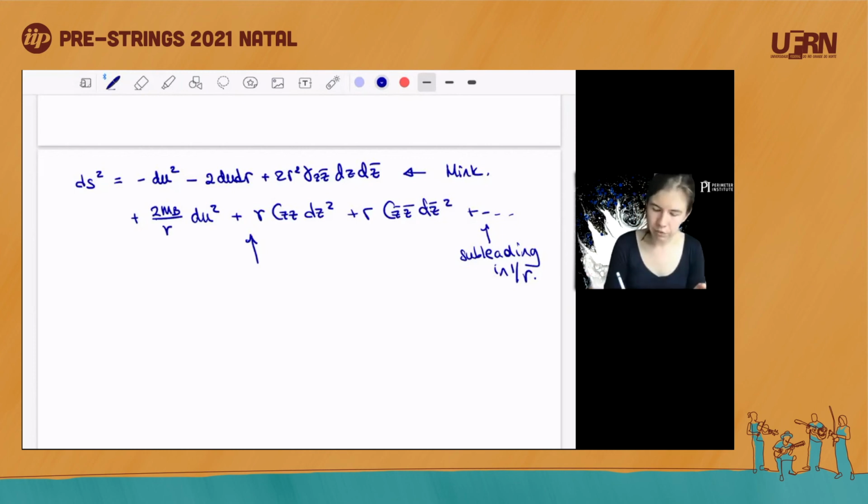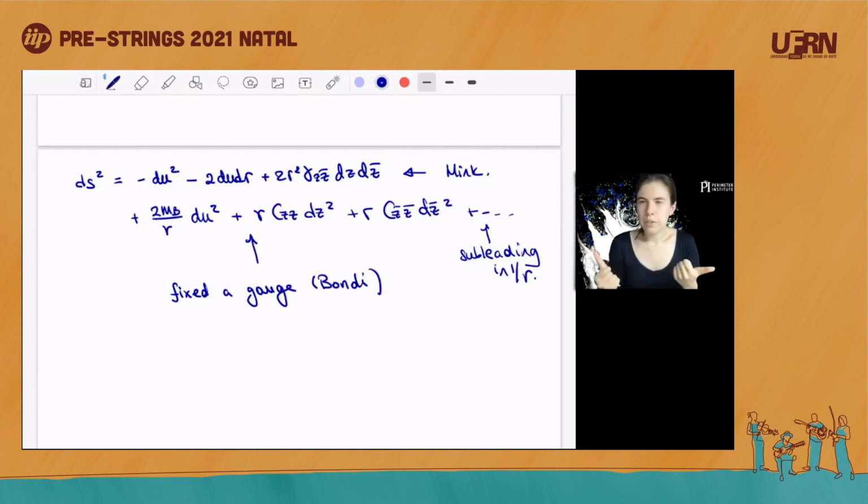But first of all, they fixed a gauge, which is called the Bondi gauge. As I said yesterday, they fixed g_rr to be equal to 0, which essentially meant that they're looking at radiation that propagates outwards along the radial direction. Not just g_rr, g_r mu more generally. So g_r mu is equal to 0 in Bondi gauge.